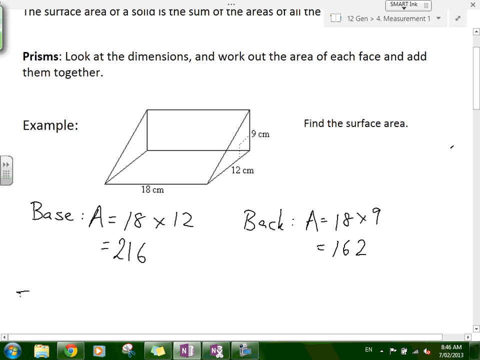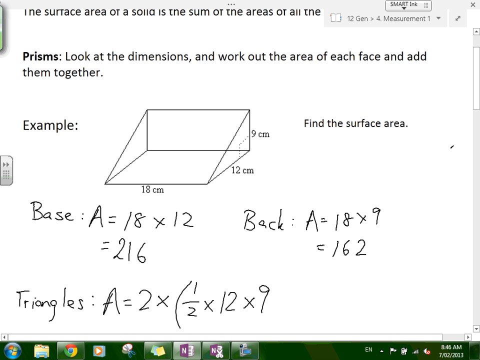So the triangles, two of them: A equals 2 times half times the base, which is 12, times the height, which is 9. Alright? And that is 108. So put the units, square centimeters.